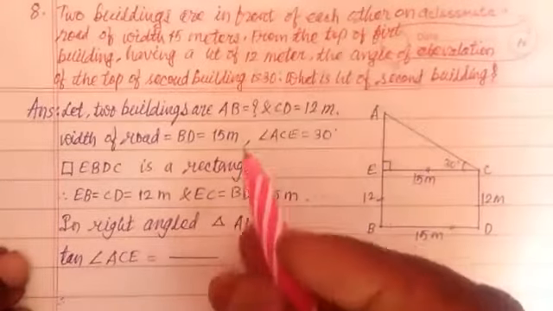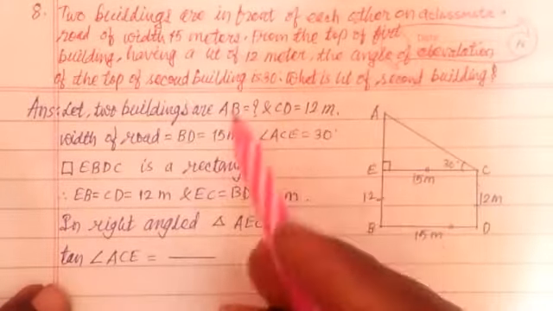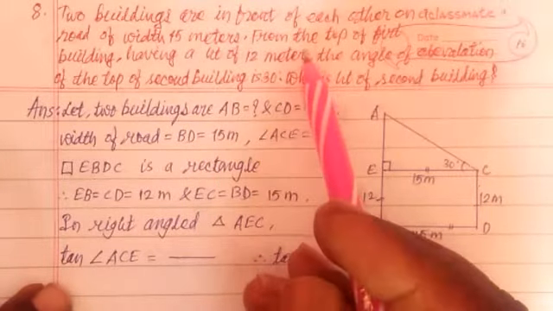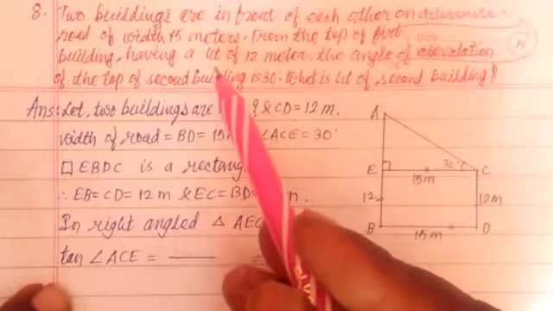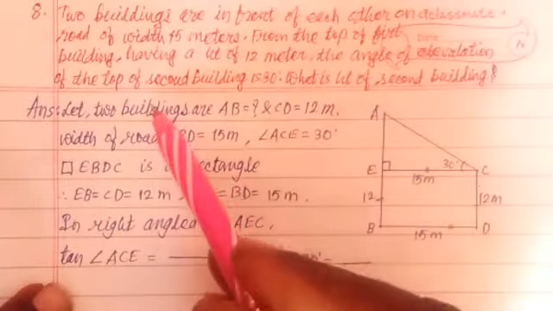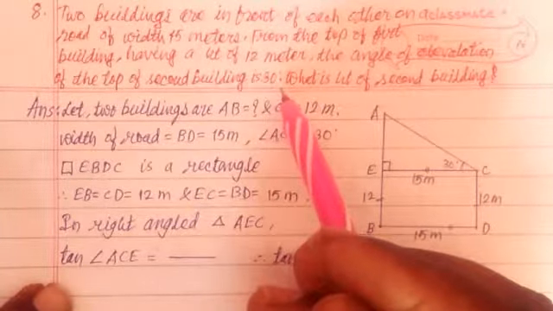two buildings are in front of each other on a road of width 15 meters. From the top of the first building having a height of 12 meter, the angle of elevation of the top of the second building is 30 degrees.